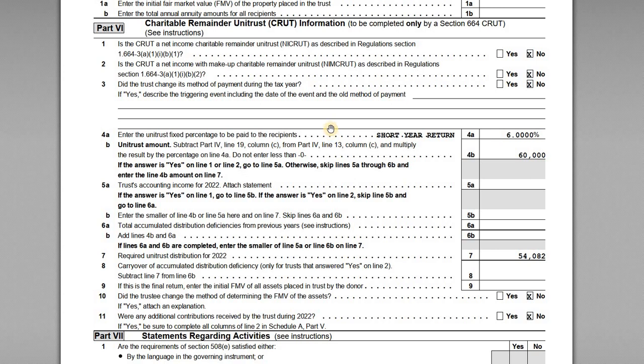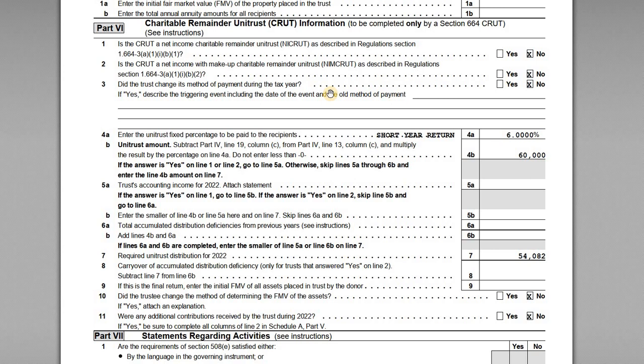So a net income CRUT with a makeup provision is basically a net income CRUT that says, all right, if you have net income limitations in a prior year, you can carry over that difference, and so the beneficiary can get a greater distribution if the trust makes more money in a future year.